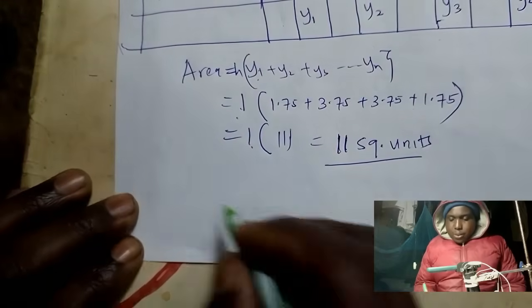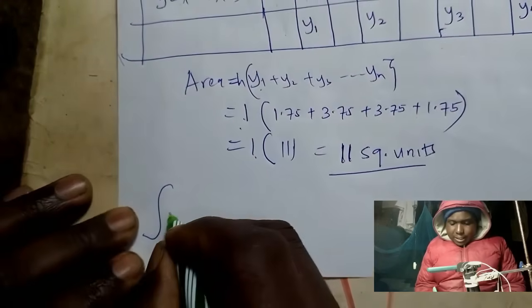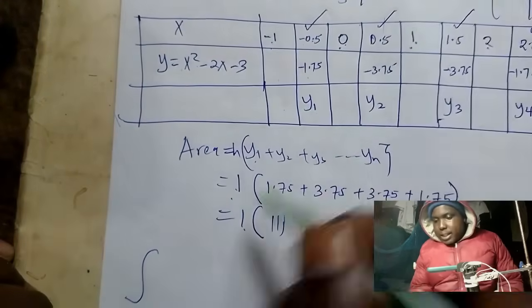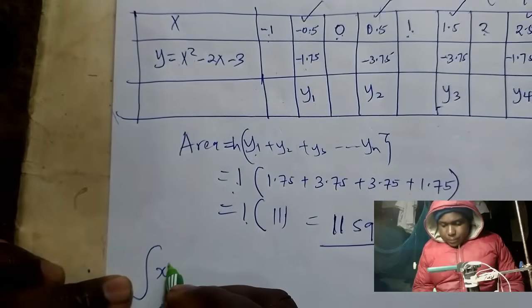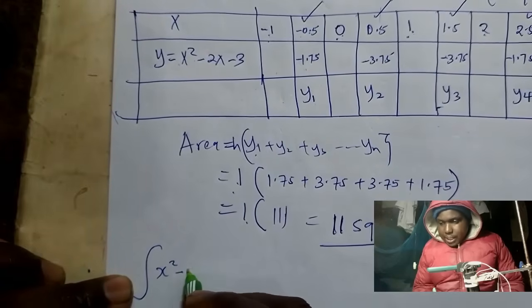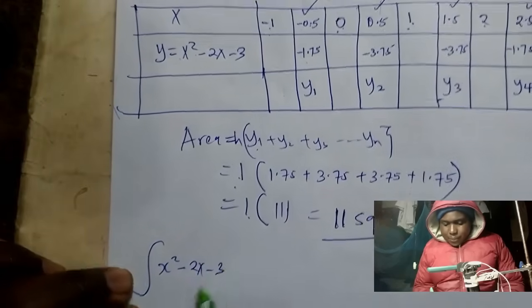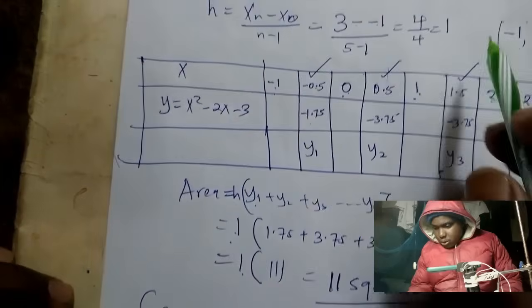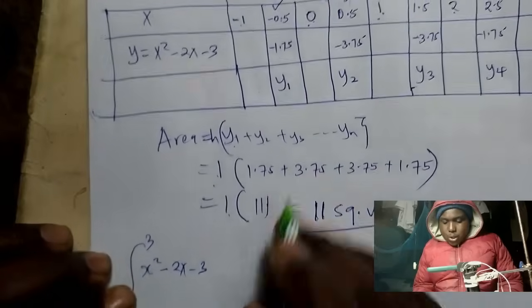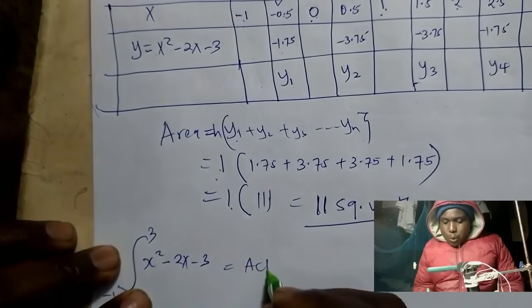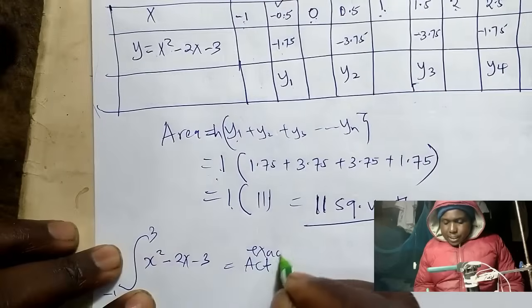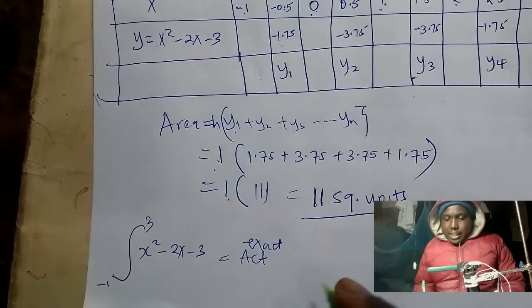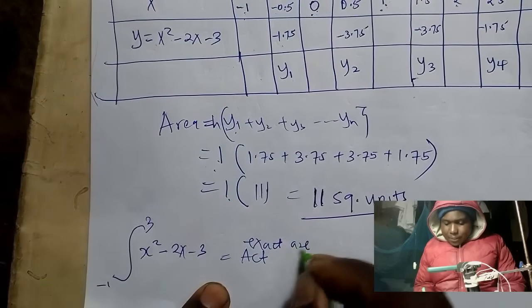So when you integrate this curve, you will get x square minus 2x minus 3 from negative 1 to 3, you will get the exact area.